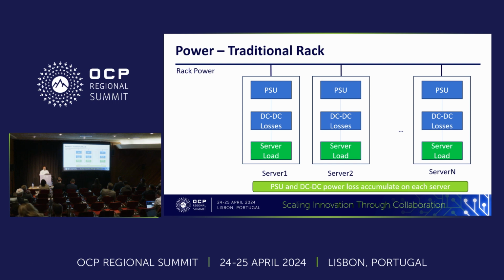If you look at power, you could have individual systems powered by their own PSUs, and you have DC-DC or VR losses. You can take whatever loss occurred in those individual PSUs plus VRs and eliminate that from the total power. So for each system, you can compute it.